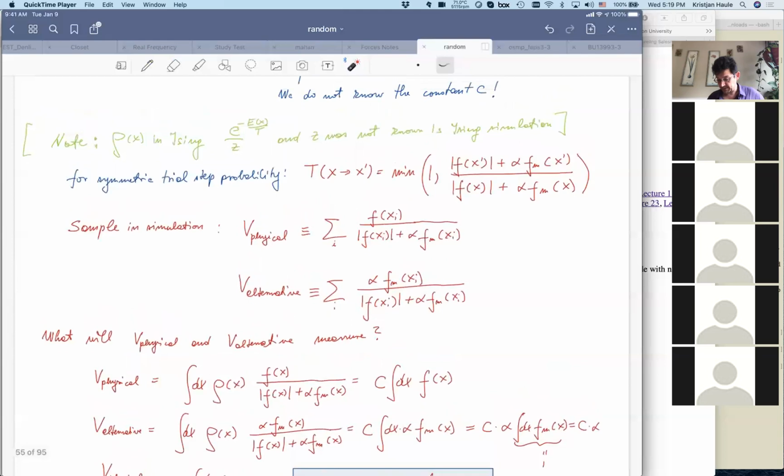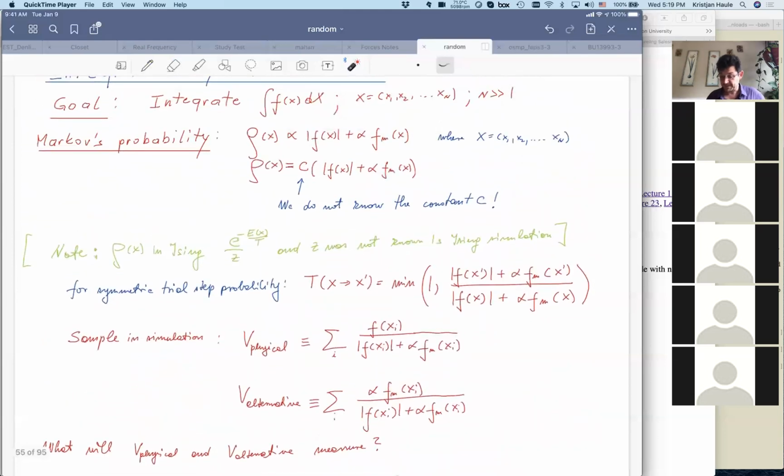The problem with this is that, of course, if this alternative function, this fm of x, is very, very similar to the absolute value of f of x, then we basically didn't lose anything, because these two functions are just the same, aren't they? So actually, it doesn't matter what you take for alpha; it can be very large as well. So we are going to actually visit such configurations in which this alternative function, this fake function, is very, very large.